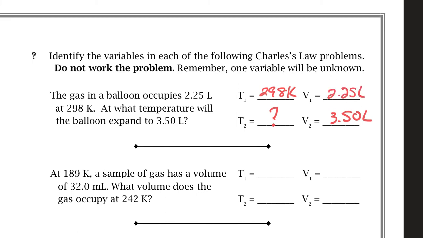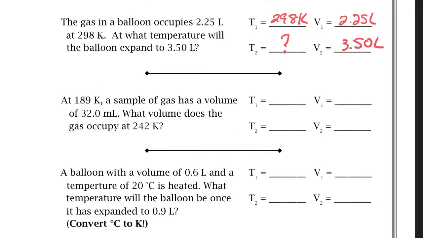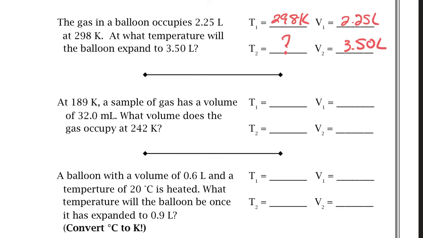All right, now, here's the thing. Notice that the next one is in Kelvin. The third one is in Celsius. When you write your answers on the blank, you need to convert the Celsius to Kelvin. So go ahead now and do those next two. And be sure to take the couple seconds to convert the Celsius to Kelvin. Okay?